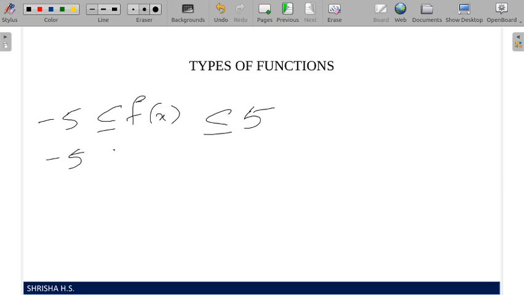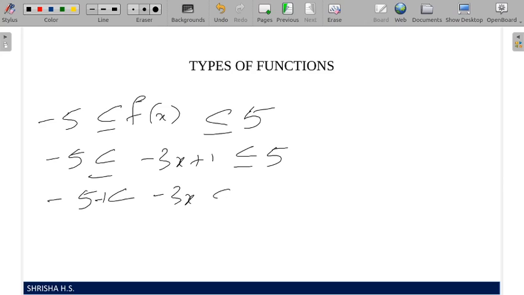So minus 5 is less than minus 3x plus 1 is less than 5. Then minus 5 minus 1 gives minus 6, less than minus 3x, and 5 minus 1 is 4.